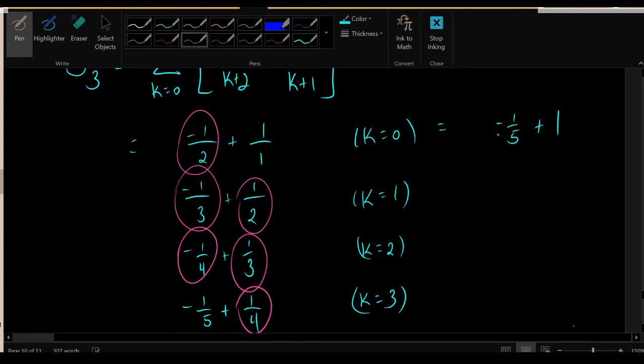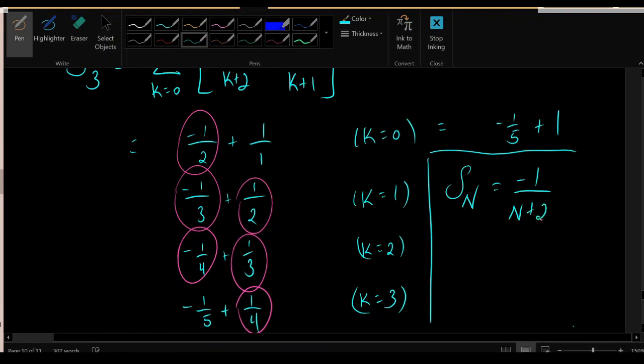Now, in general, if I do this analysis for S sub 4, S sub 5, and in general for S sub n, what we'll find is that all the terms except for the negative final and the +1 from the initial will cancel each other out, and so S sub n will always simplify.